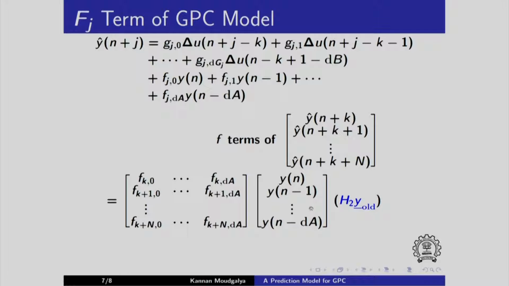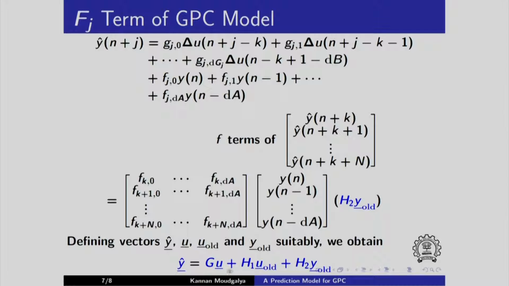In the previous slide, we had these two, G underscore U plus H1 U underscore old. So we have to add these two, we get this. So the definition of Y hat, U old and Y underscore old are obvious. You have to pick them up from this slide and also the previous slide.